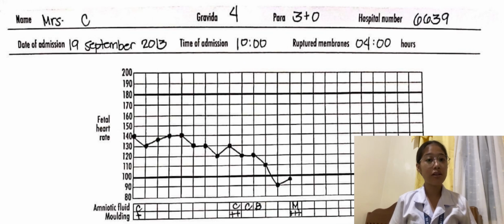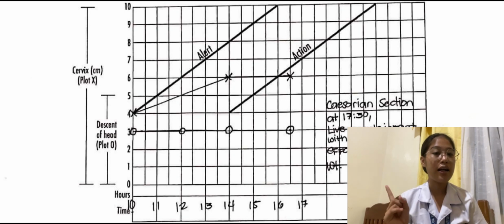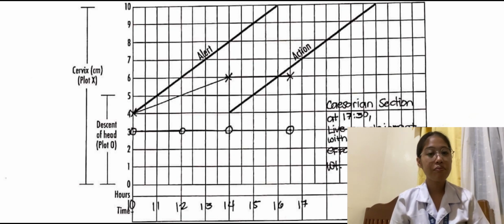And in the molding, you can see that the baby has a progression. So as you can see in here, in the picture, she also had a poor progress of labor, as indicated by slow cervical dilatation.